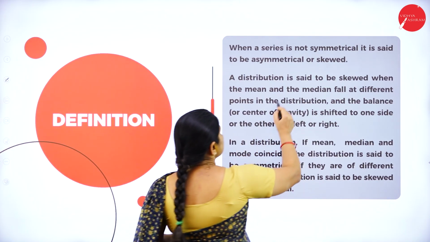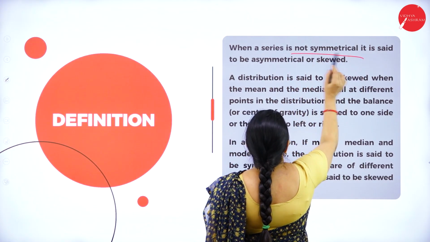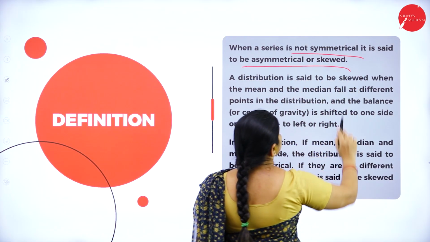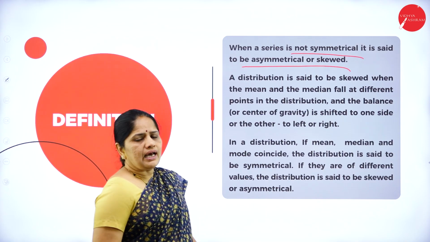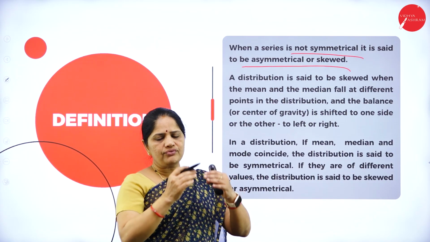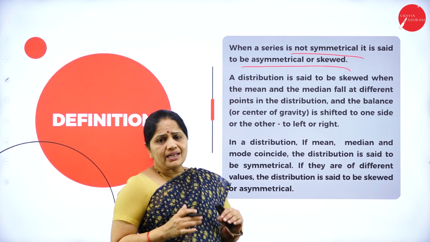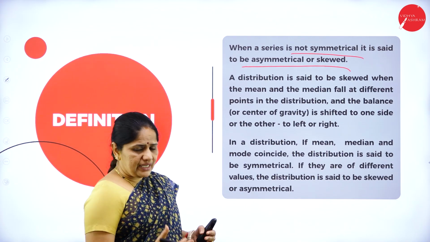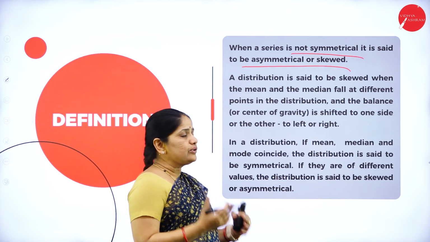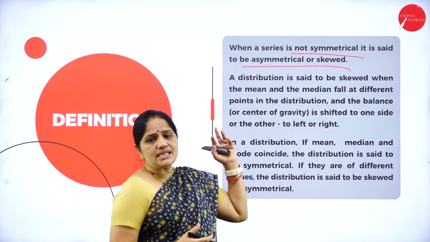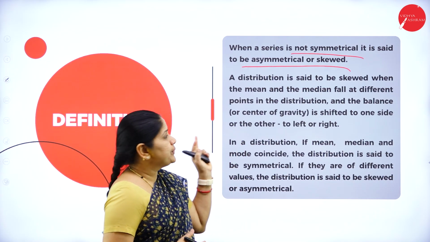When a series is not symmetrical, it is said to be asymmetrical or skewed. When the series is uniformly distributed, then we can call it a very good symmetrical data. But if the series is not distributed uniformly, then we call it asymmetrical or skewed data.